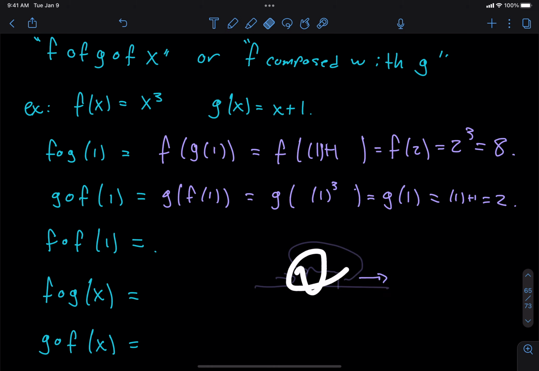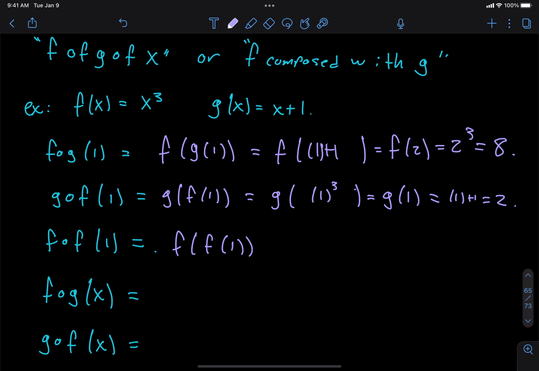That's what I do. So that looks like the following. f of f of 1 is equal to f of 1 cubed, right? And 1 cubed is just 1, so this is f of 1, which is just 1.